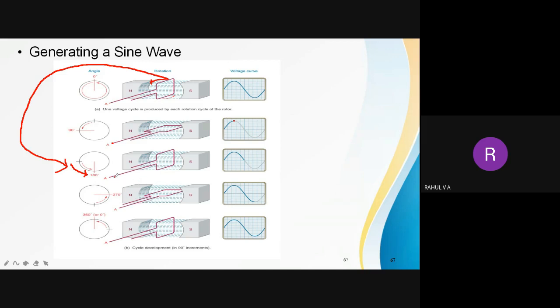That means it has rotated 180 degrees. At that time the flux linkage is also changing, but the flux linkage happens at both conductors, so the voltage decreases from the peak to 0.